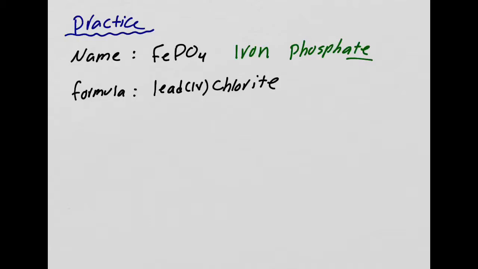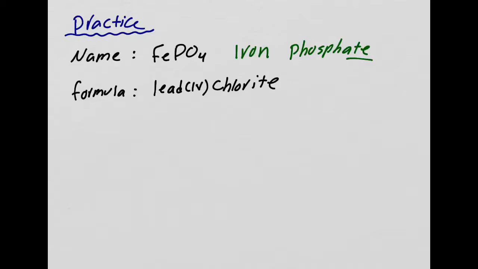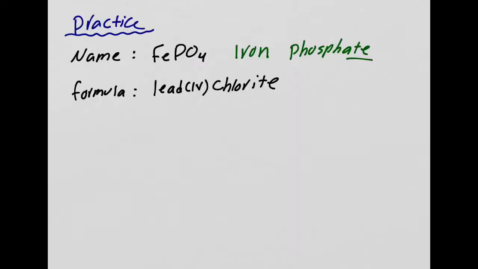Iron phosphate. Almost. Where is iron on a periodic table? Iron is right here. It's a transition metal. So if I have a transition metal, that means it has more than one possible charge. That means you have to tell me which iron it is. Now remember, we looked over here. We said phosphate had a -3 charge, right?